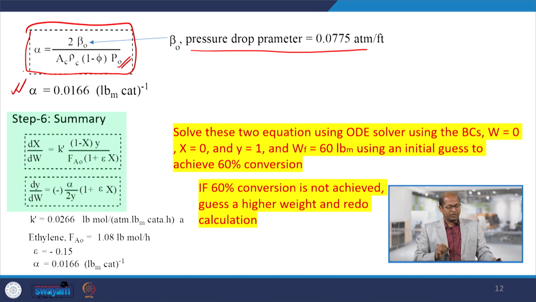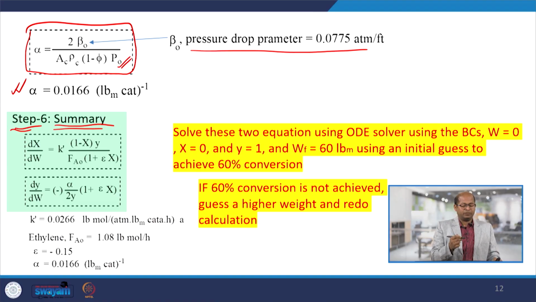Next we go to the summary of whatever calculations we have done. We first evaluate the known components for this system based on the data or information given.